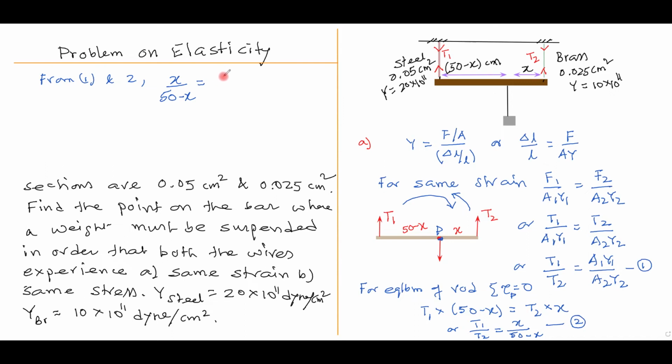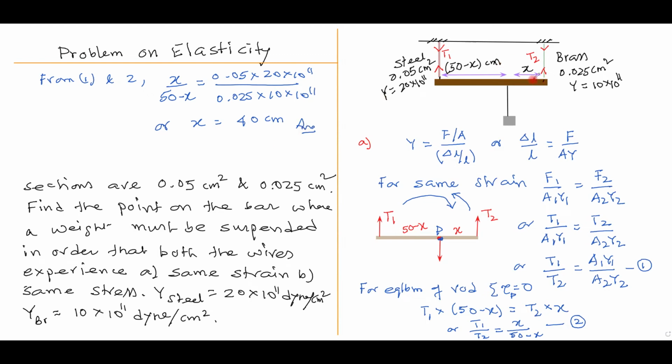A1 is 0.05, Y1 is 20 into 10 to the 11, divided by A2, 0.025 into 10 into 10 to the 11. So what value of x are you getting from this? 40 centimeter. Okay, so this is one answer.